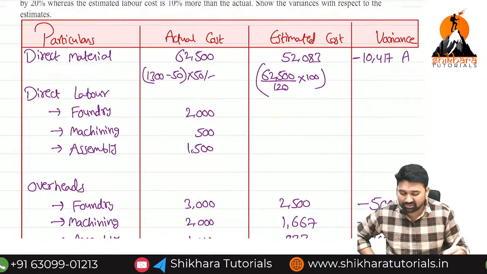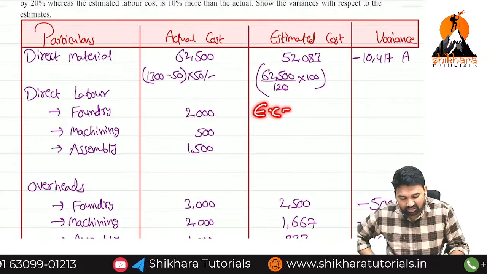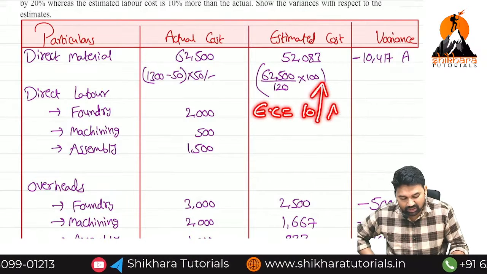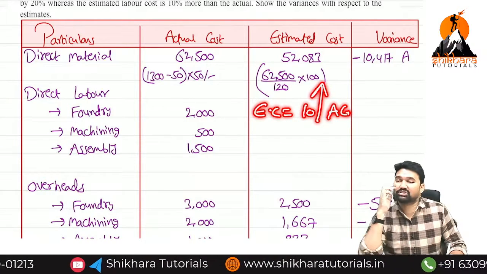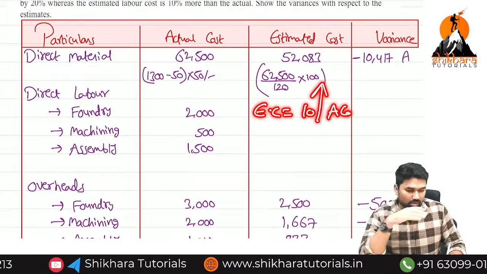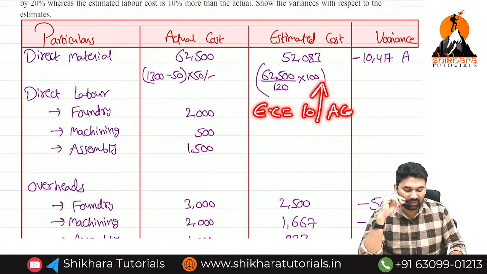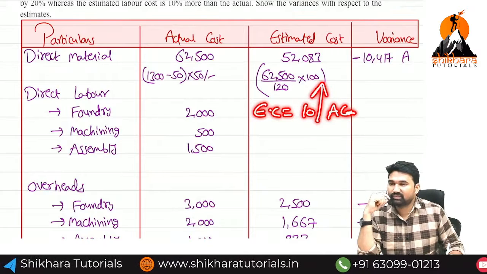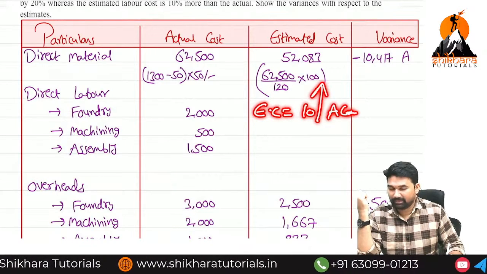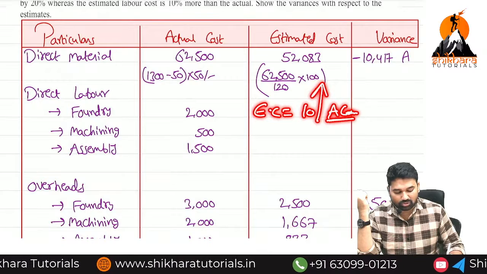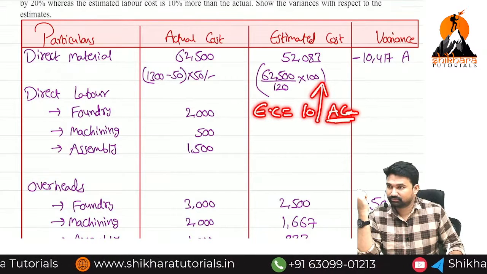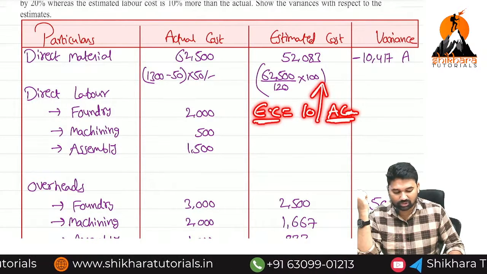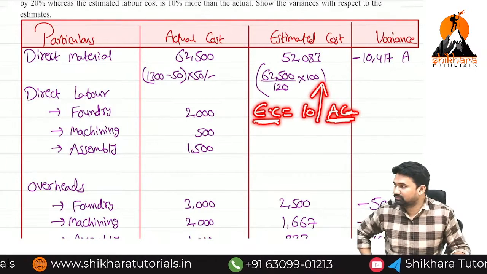In other words, we will say estimated cost is equal to 10% more than actual cost. So you know this actual cost, don't know estimated cost.